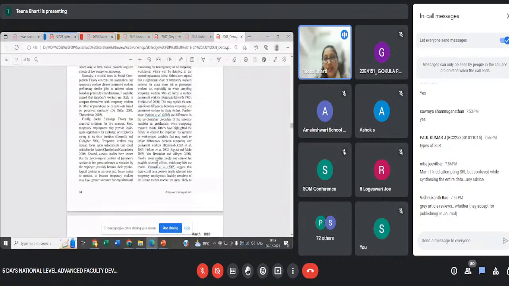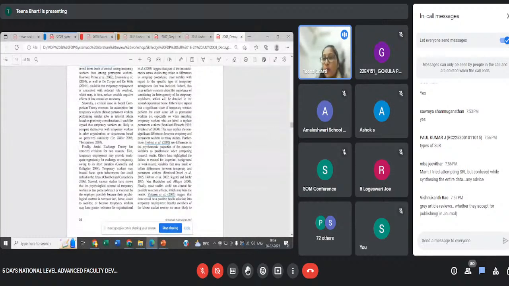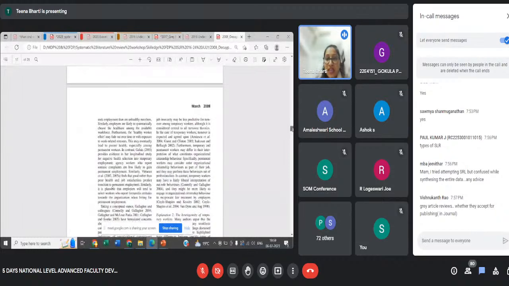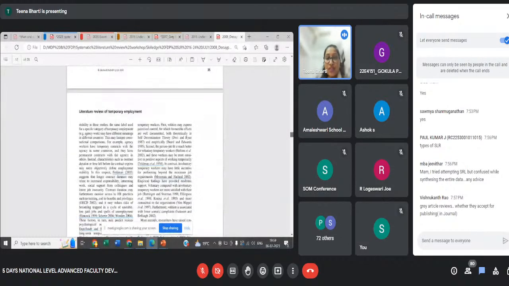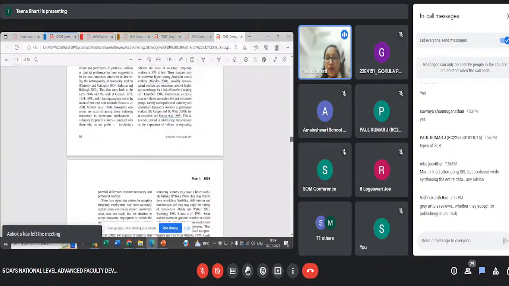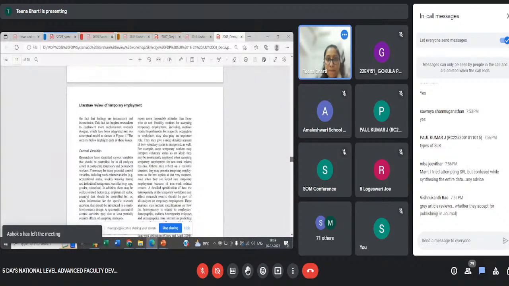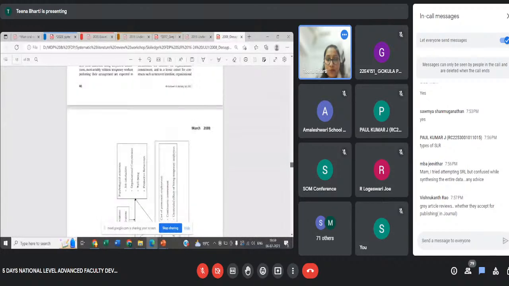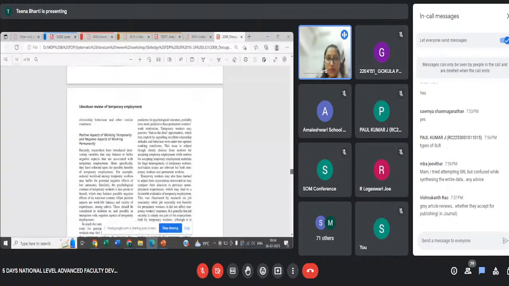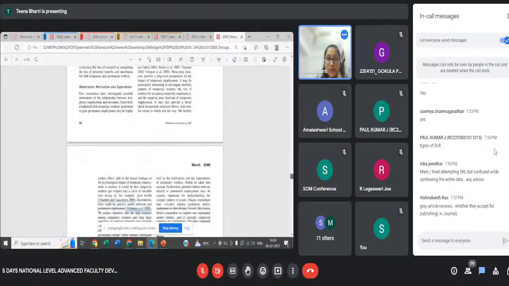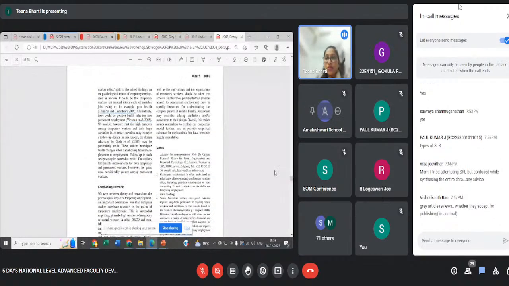If you take a look, it gives explanations. This is a way of writing, but nowadays we are mostly looking at SLRs, Prisma models or bibliometric analysis. This one only talks about the same theoretical underpinnings and the way they have contributed to this research.